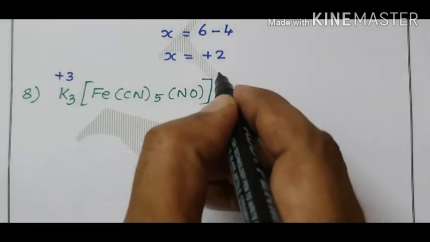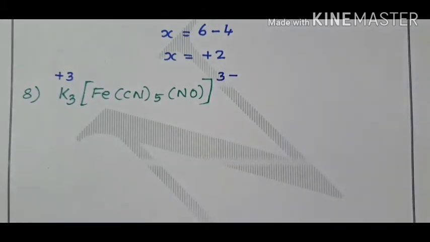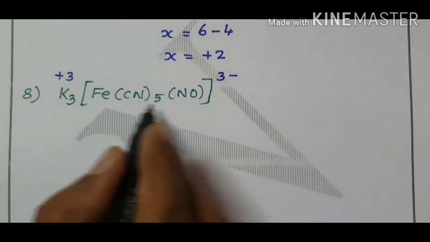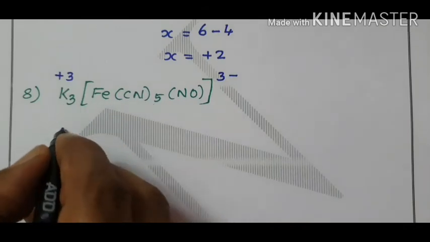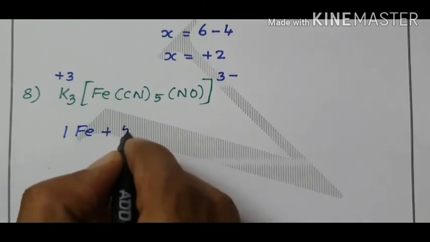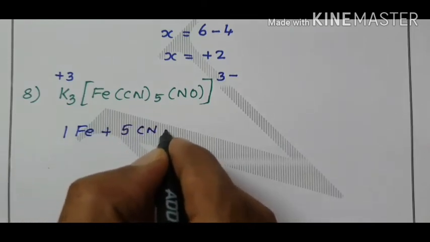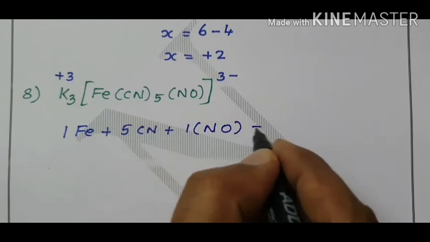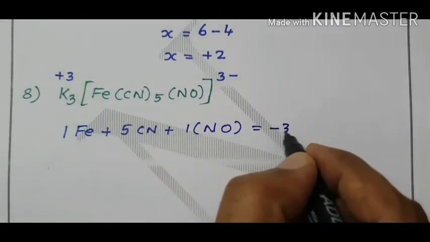Therefore, the charge on the complex is 3 minus. As usual, separate all these atoms. The complex contains 1 Fe plus 5 CN plus 1 NO equal to minus 3.